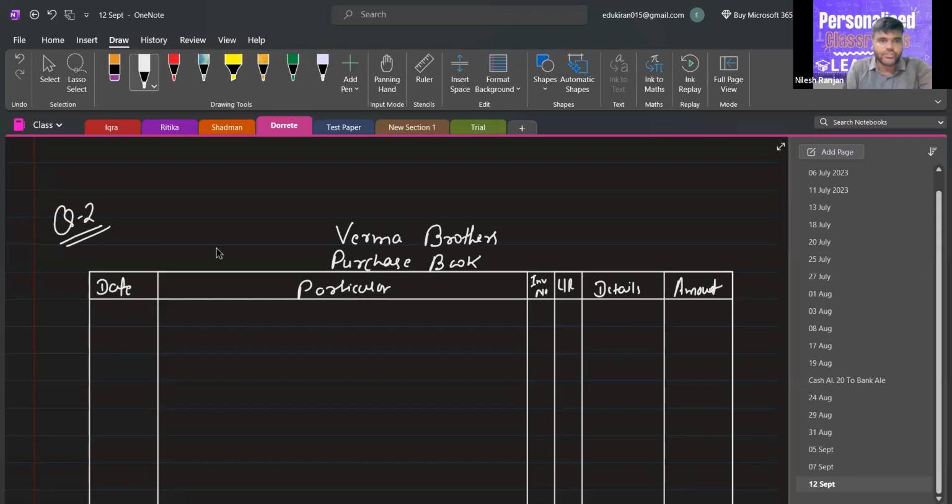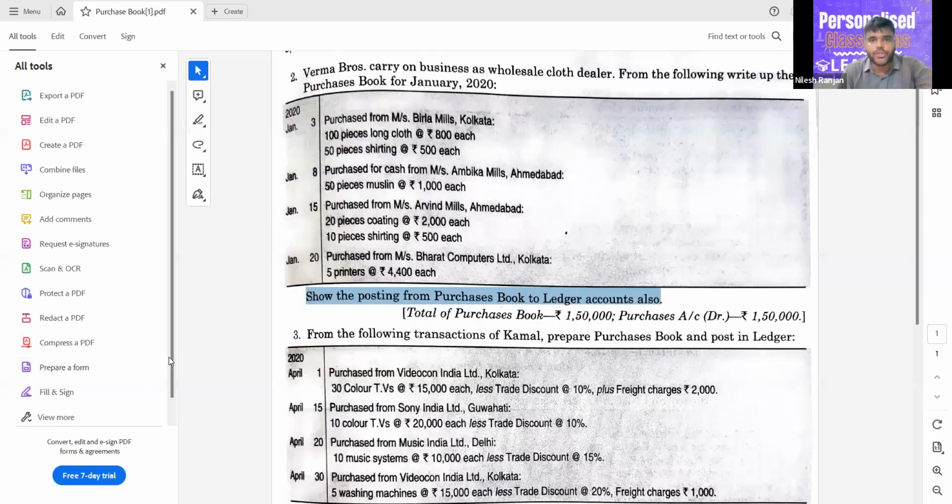Okay, so the transaction is related to 2020. So you will write the year first and then the date, January 3rd. We have purchased from Messrs. Birla Mills, Kolkata.